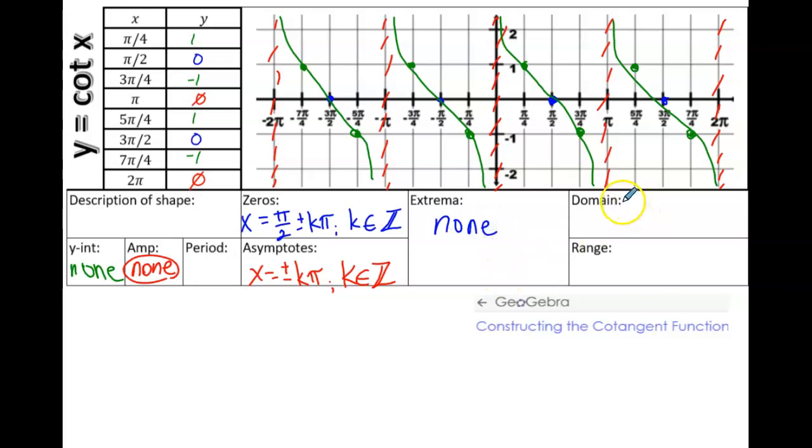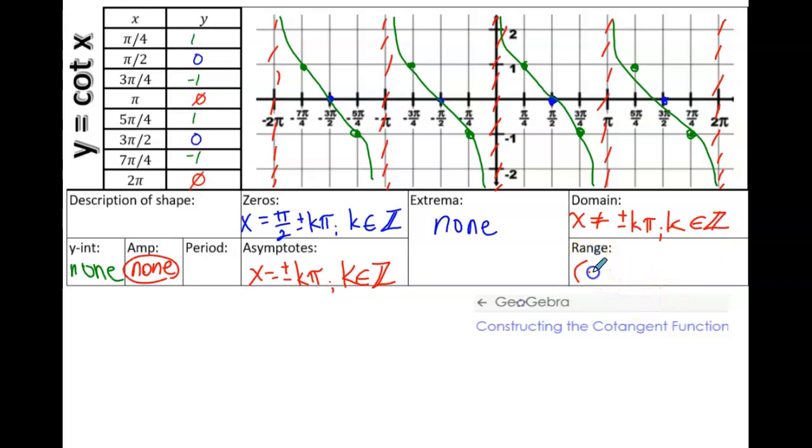Okay, next if we look at the domain, domain is all real numbers except these undefined values for x. So all real numbers except x cannot equal plus or minus k times pi because they're asymptotes there, and k must be an element of the integers.